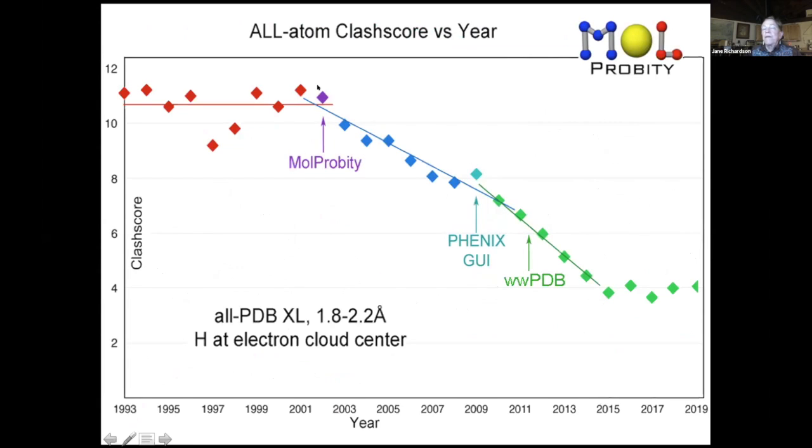And it's been really satisfying to us that since MolProbity came online, and then since it got in Phenix, and then at the PDB, people in general have been able to fix things and have come down close to the level in the reference structures, which are down in here somewhere. And they've leveled off now. They have to level off at some point.